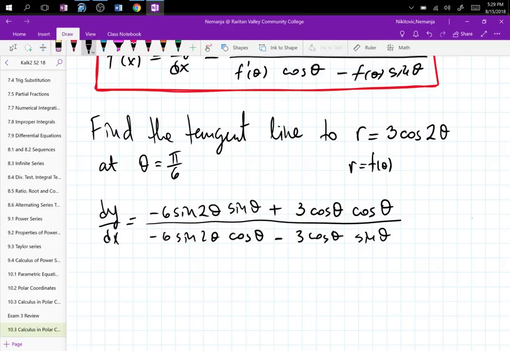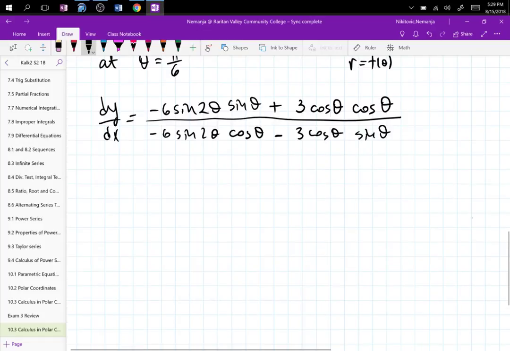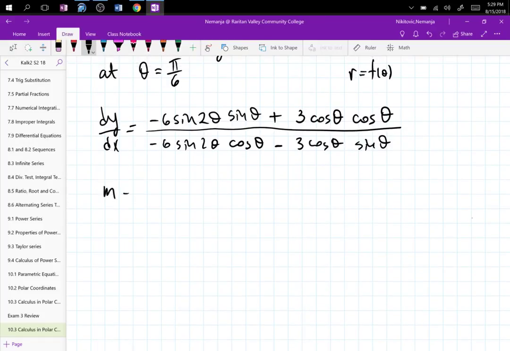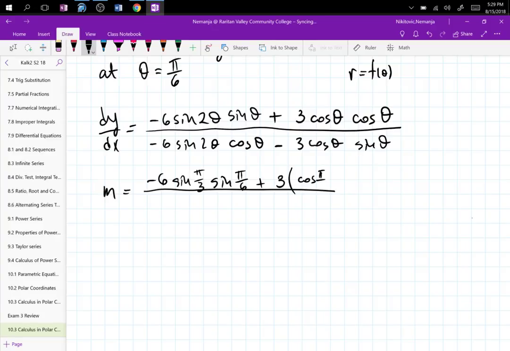Now, when you plug in theta equals pi over 6, the dy dx changes into m. So m is equal to negative 6 sine of pi over 3 times sine of pi over 6, plus 3 cosine of pi over 6 squared, because it's cosine times cosine.